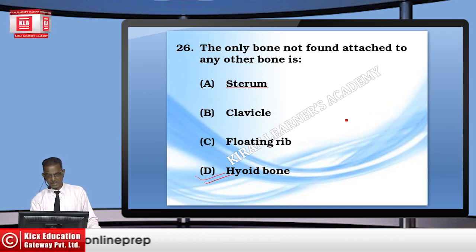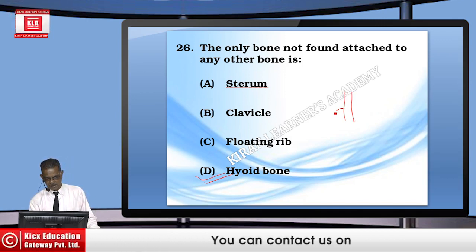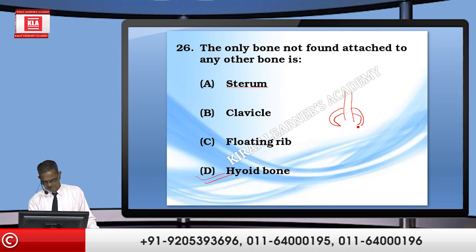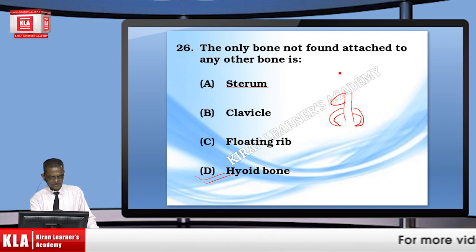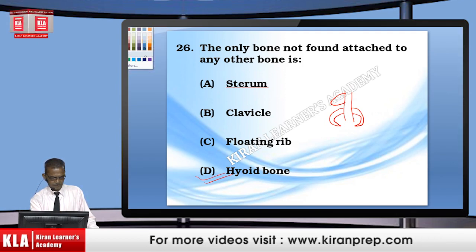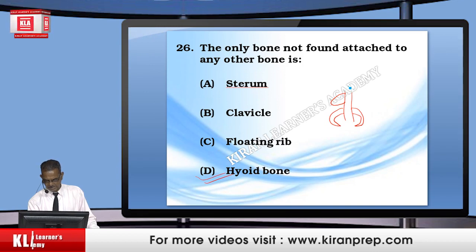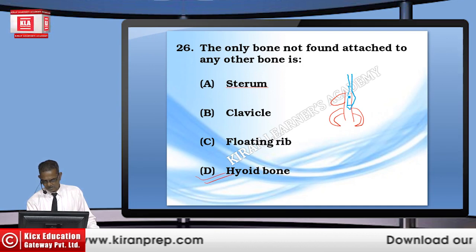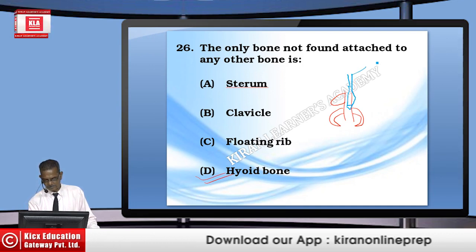From the back they come in like this and they end here. The other ribs come from the front and attach to the sternum.